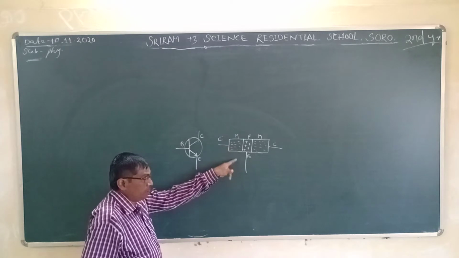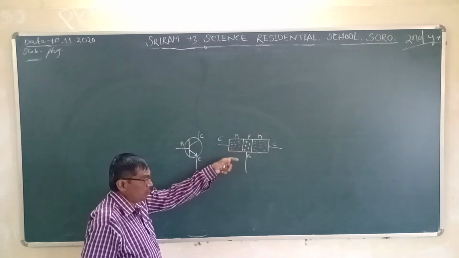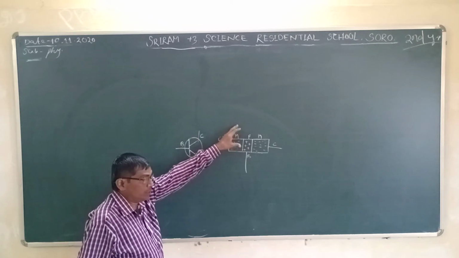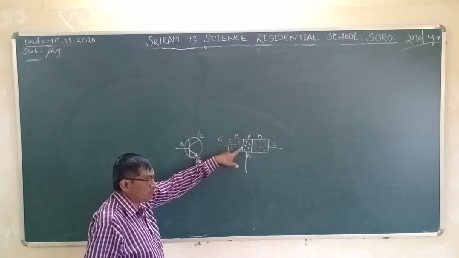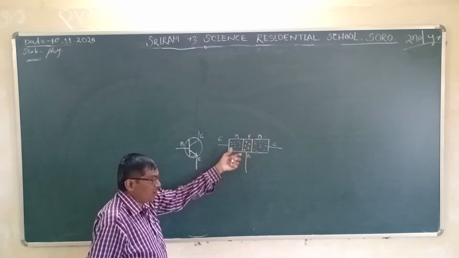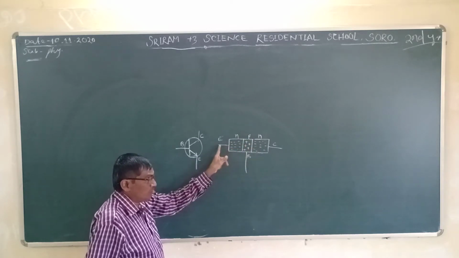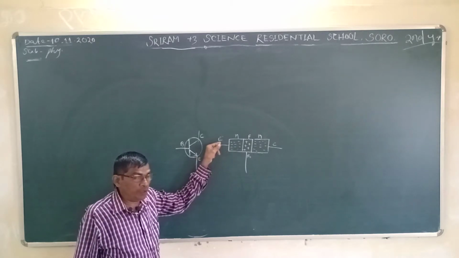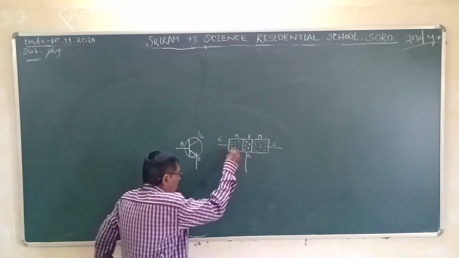How do we connect to these junctions so that the transistor will work properly? This junction and the other junction are PN junctions. This junction is known as the emitter because this side is heavily doped.